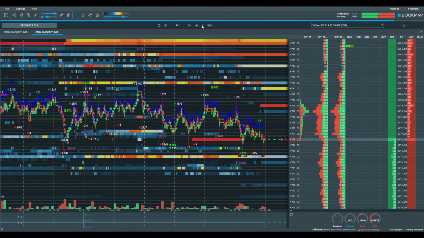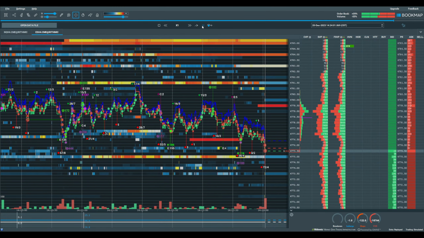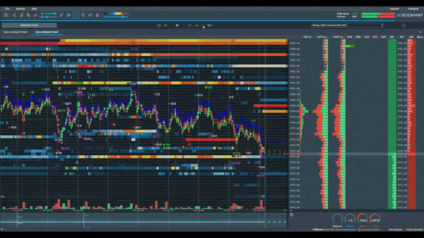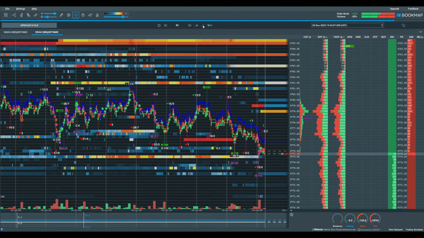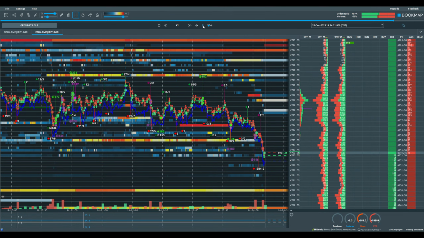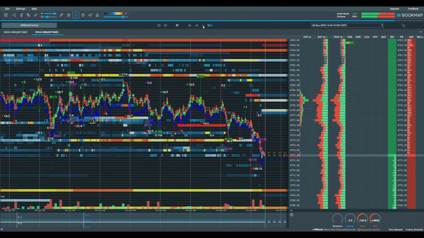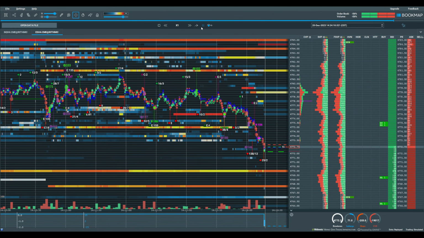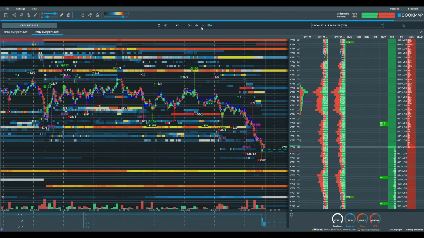I'll have to look at another couple of these over this holiday and see if this is symptomatic of the multi-bracket orders or just what. So there's the entry. So we have 75 quarter, which is going to come down here, of course.